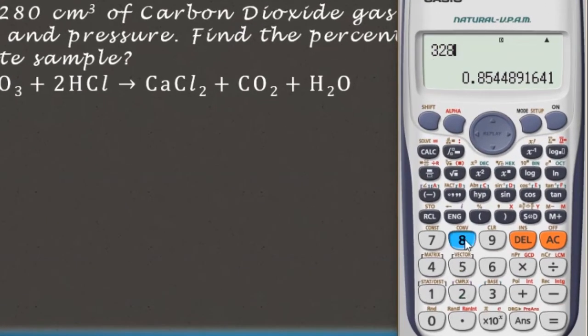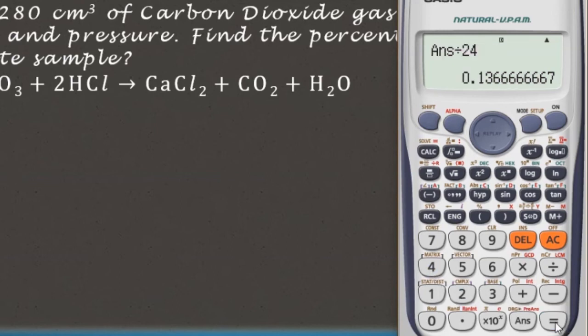So we get 3,280 divided by 1,000. You can see we've got 3.28, and if we want, we can divide it in advance by our molar volume at room temperature and pressure, which is 24. So our answer divided by 24.